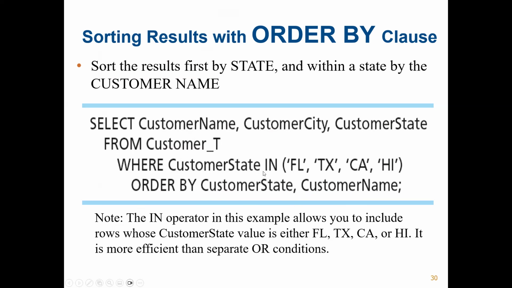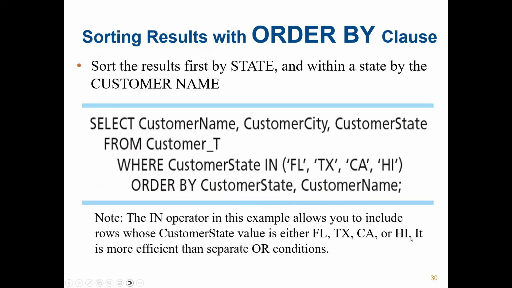If it's only one state, I'll just say where customer state equals Florida. But here we say if the customer state is IN Florida, Texas, California, Ohio. So here we wrote down that the IN operator in this example allows you to include rows whose customer state value is either Florida, Texas, California, Ohio, all of them.